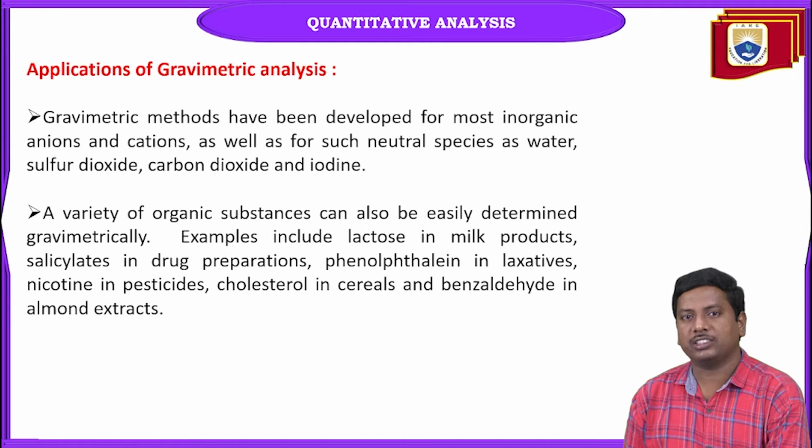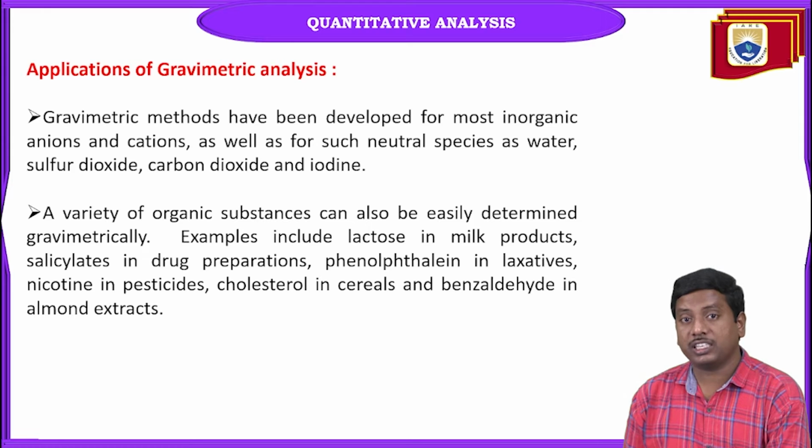And cations means nickel, zinc. All of these come under the category of determination of cations. As well as neutral species such as water, sulfur dioxide, carbon dioxide and iodine. All of these come under the category of determination of inorganic compounds by gravimetric analysis.